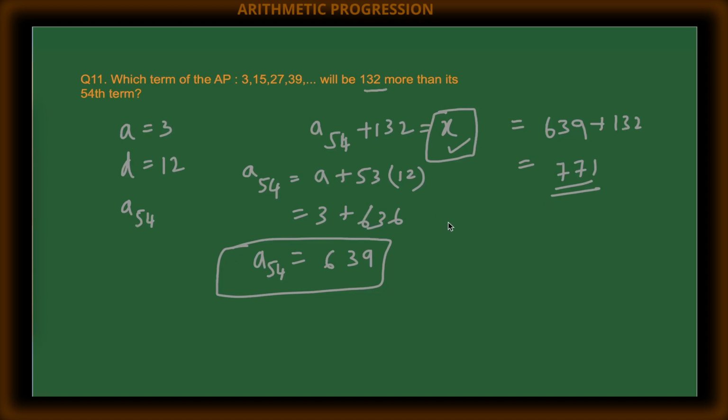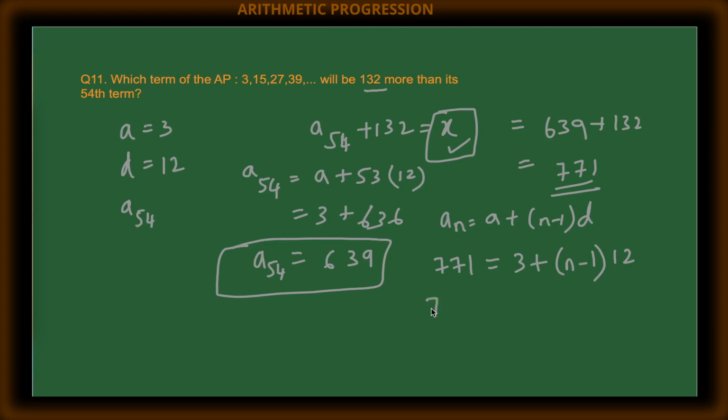Okay, so let's use our standard formula. An is equal to a plus (n minus 1) into d. So what do we know now? We know an value is 771. Do we know the value of a? Yes, 3. Do we know n? No, this is what we need to find, the position. Do we know d? Yes, d is 12.